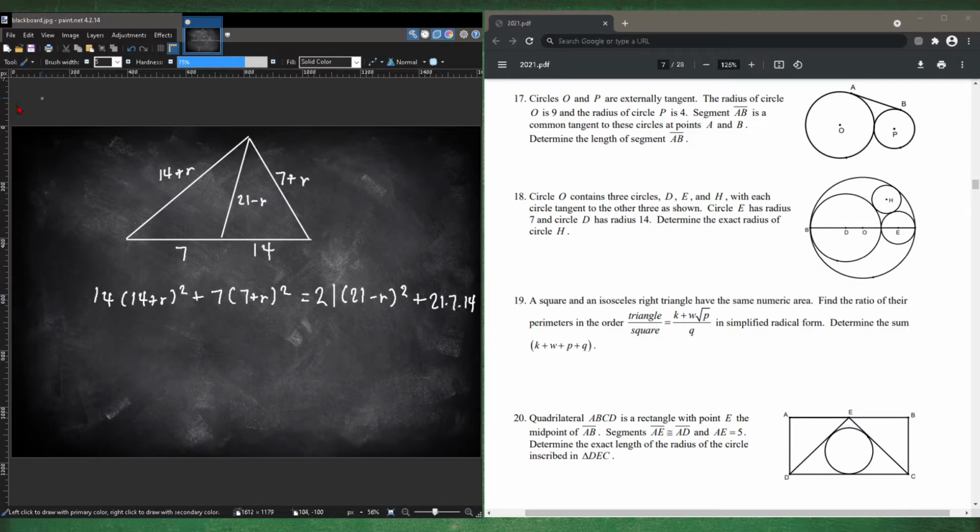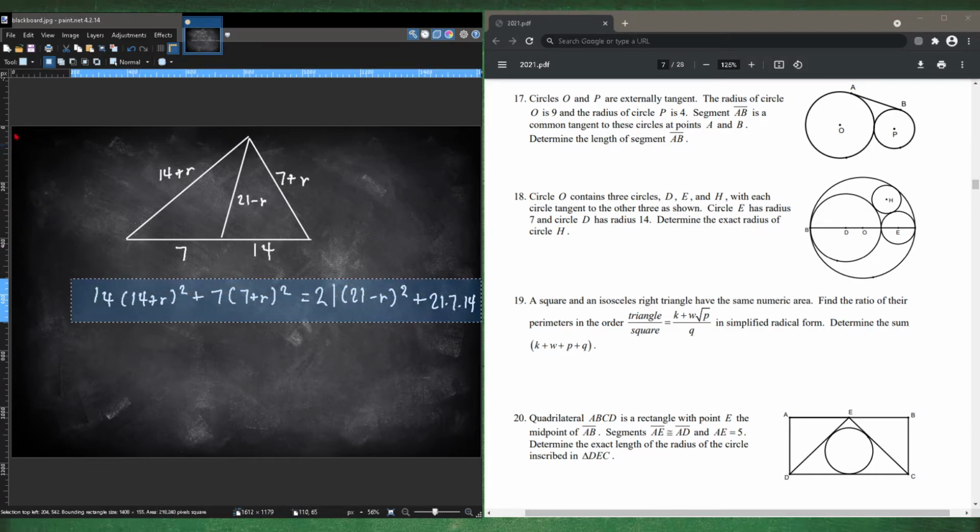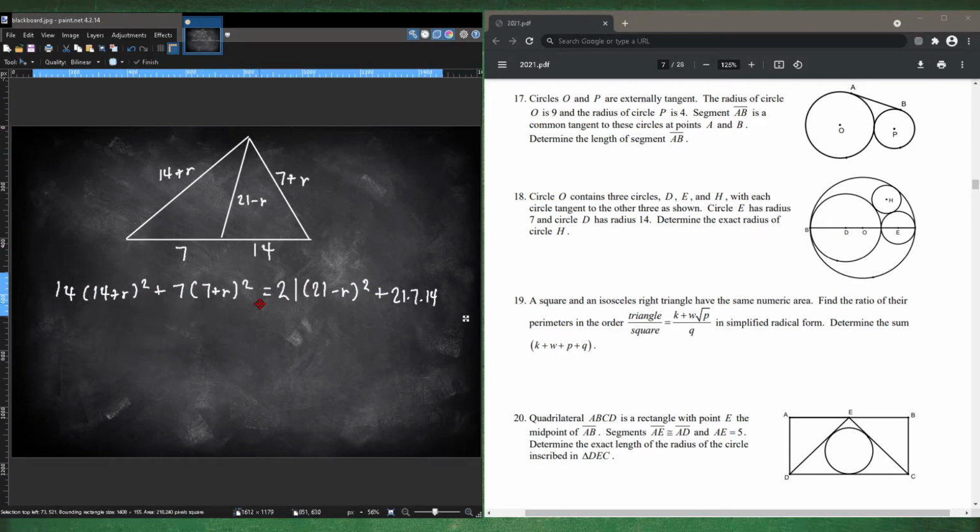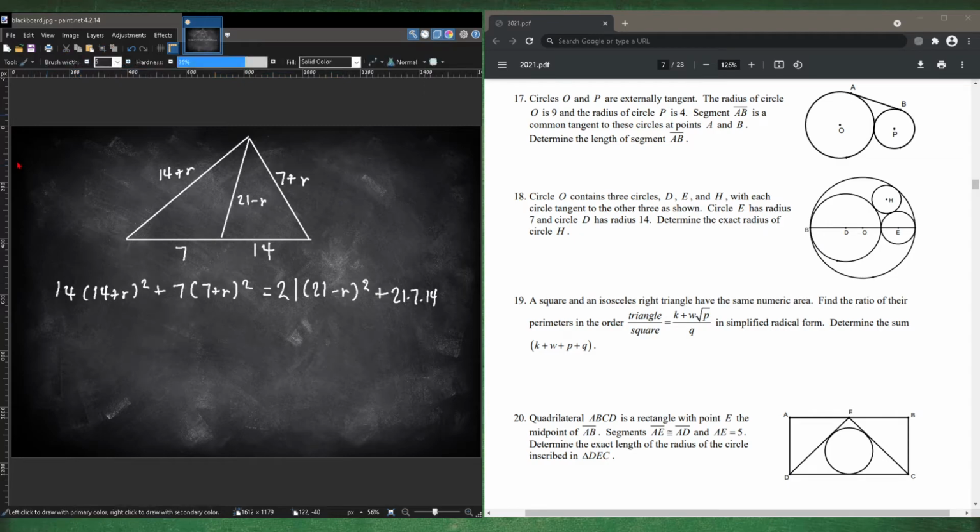Okay, let's move this a bit over. So first thing I notice is that all of them are divisible by 7, so divide by 7. So that's 2 times 14 plus r squared plus 7 plus r squared equals 3 times 21 minus r squared plus 21 times 14. So expand this out.